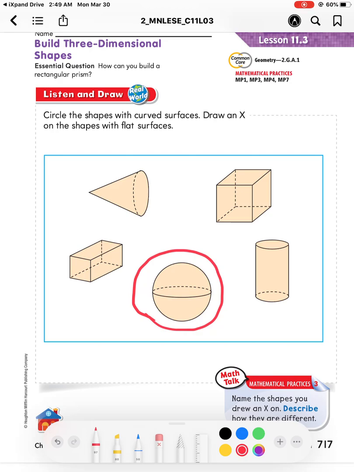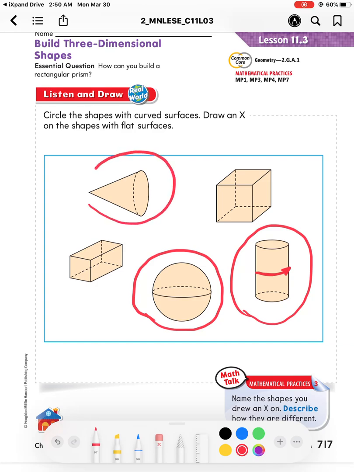Which shape has a curved shape also? The cylinder. The cylinder, it has a curved surface. What about the cone? Actually, the cone also has a curved surface.